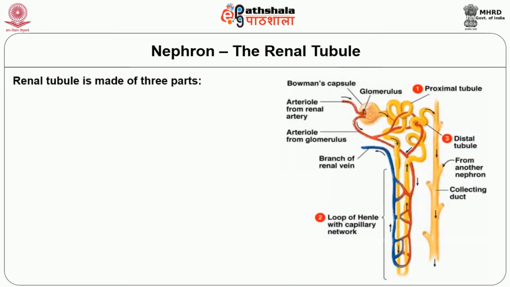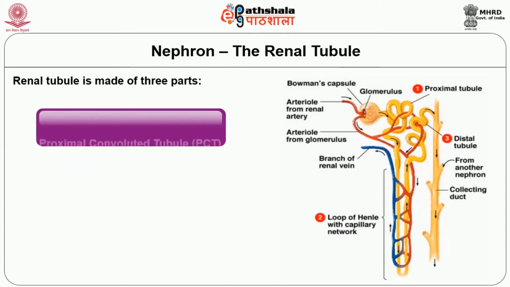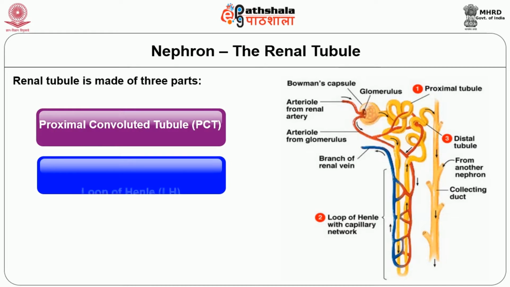Let us continue with the next part of the nephron, namely the renal tubule. The tubular portion of the nephron or the renal tubule, as you can see from the diagram, is the continuation of the Bowman's capsule and penetrates into the medullary region. It is made of three parts, namely proximal convoluted tubule or PCT, loop of Henle or LH. The loop of Henle consists of descending limb, hairpin bend and ascending limb.